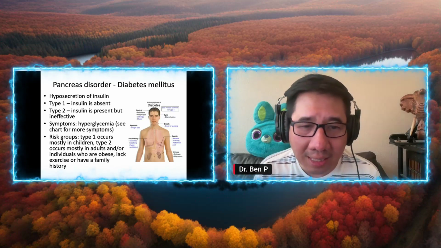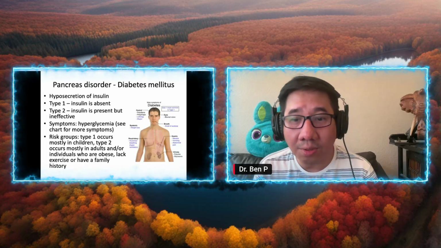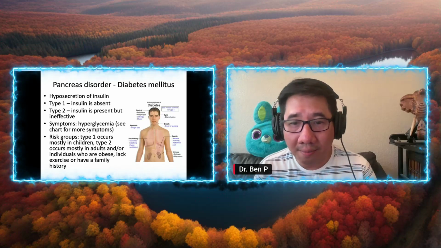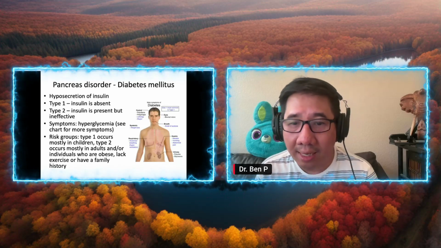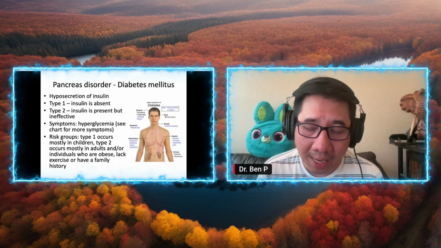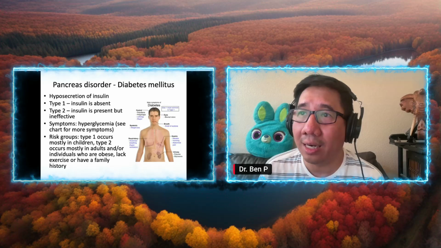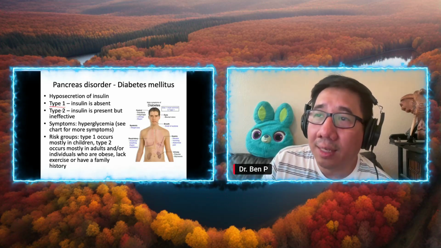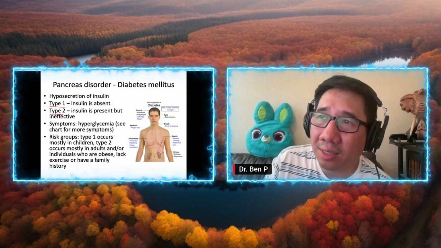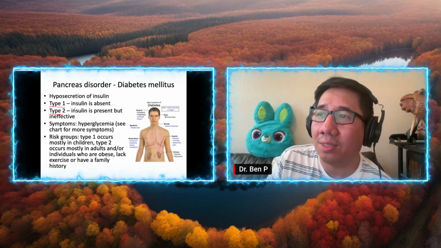When you have the pregnancy type, a lot of times it usually goes away. But in some cases, the baby could develop type 2 later on, and mom could also develop type 2 later on as well. There are two main types, but now there are three, which we'll talk about shortly.